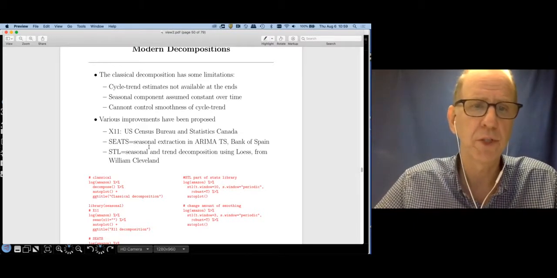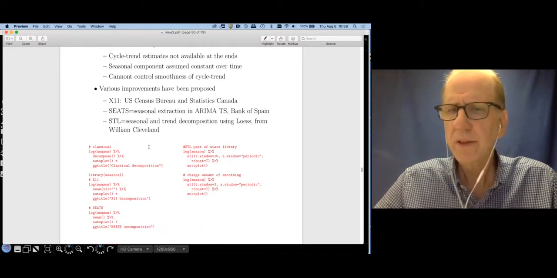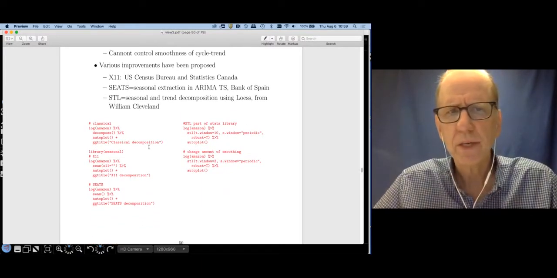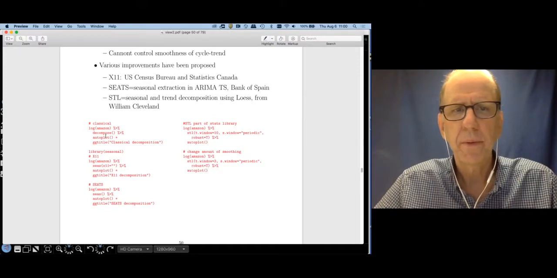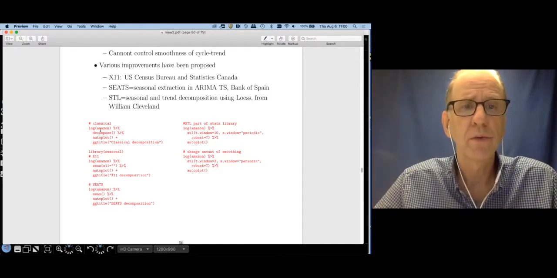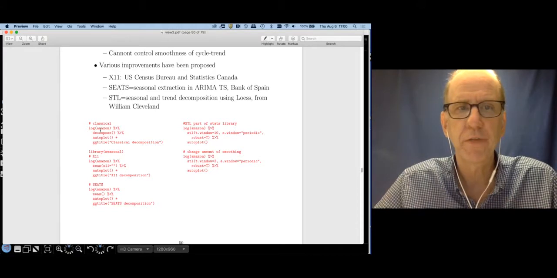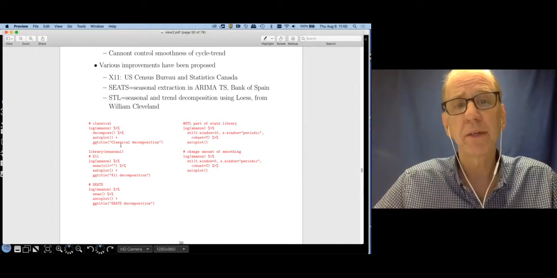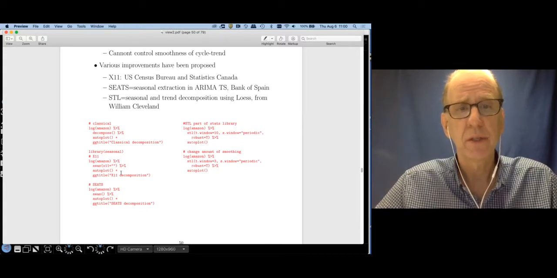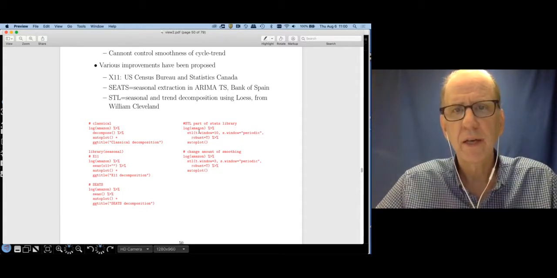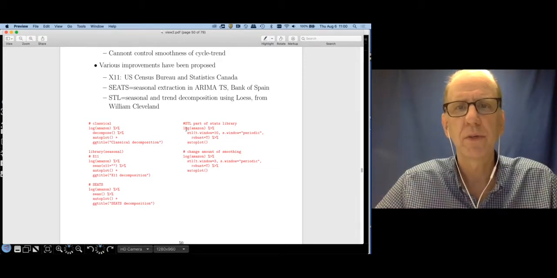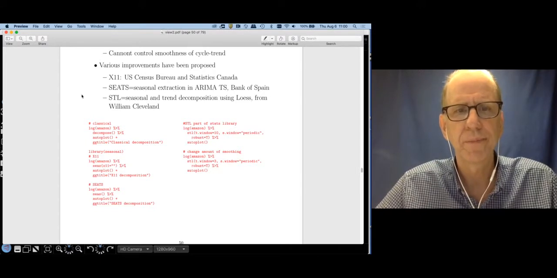So what I thought I would do is, I want an additive model, so we're going to use a log transformation of our Amazon data set, and let's compare the classical, the X11, the SEATS, and the STL, the seasonal and trend decomposition with LOESS smoother.